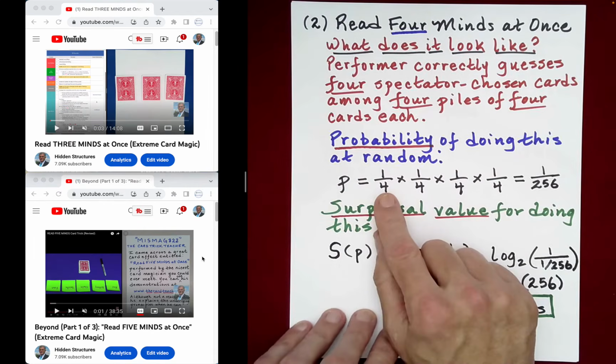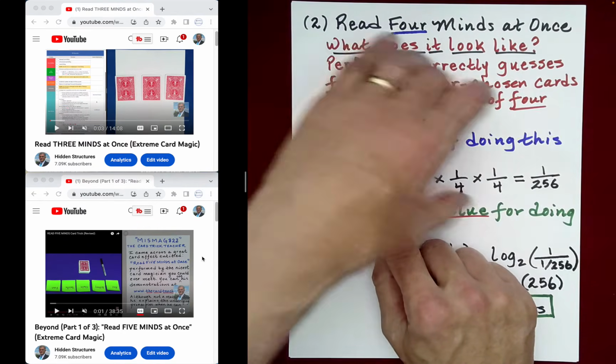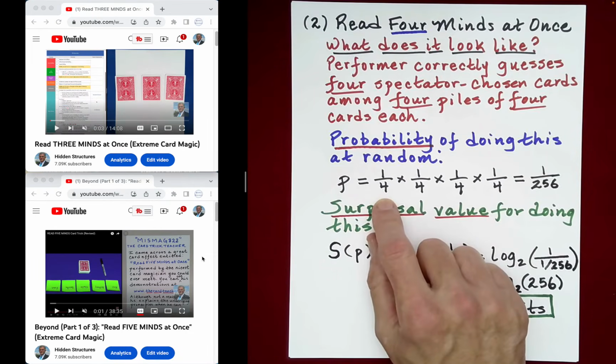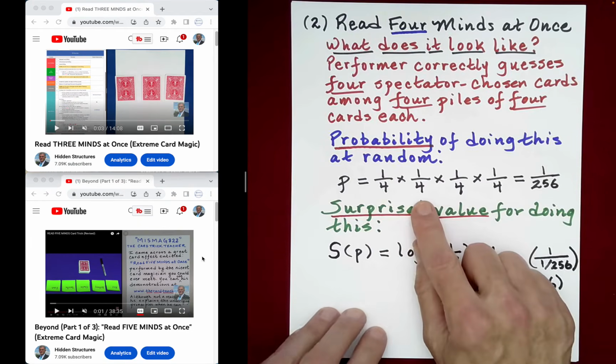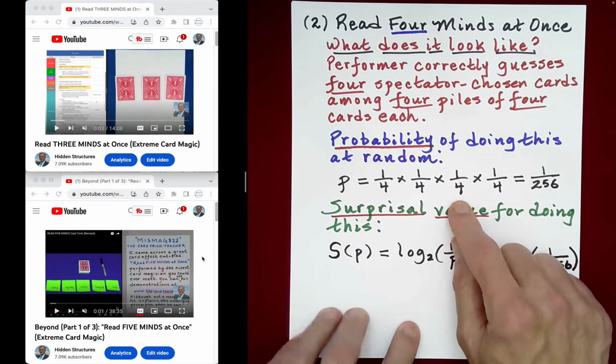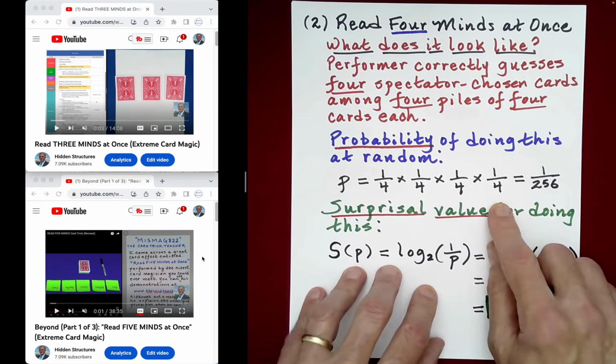So now imagine we have 4 piles of 4 cards each. For me to randomly choose or guess the spectator's first card in the first pile, I have a 1 out of 4 chance of doing that at random. The same thing holds for the second pile and their second selection, their third selection, and their fourth selection.